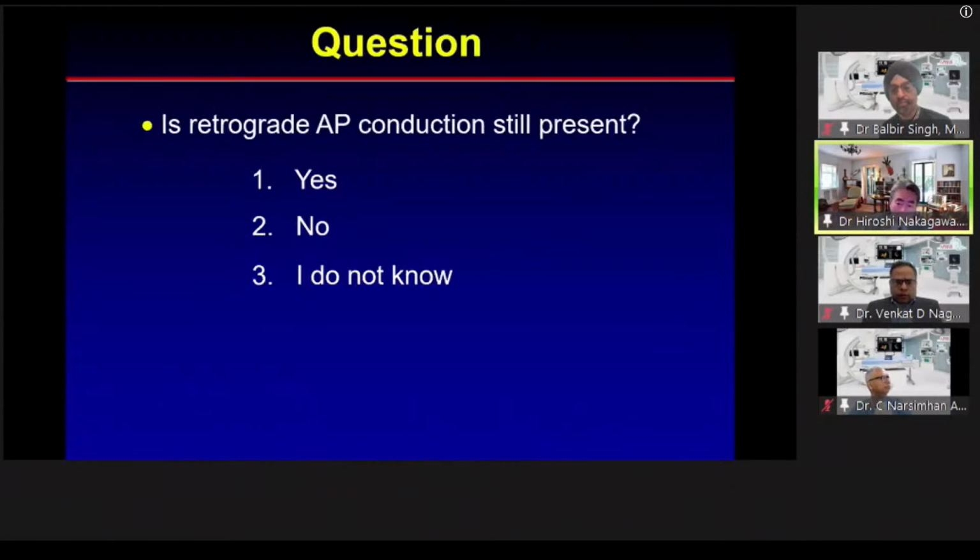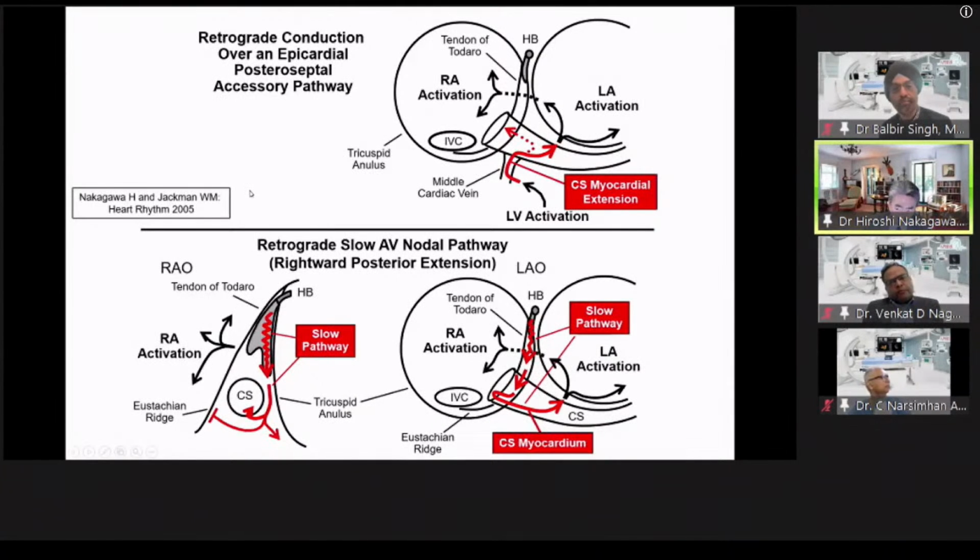So that is almost the identical activation sequence compared to the PGRT using an epicardial accessory pathway like a CS muscle connecting to the LV epicardium. If you take a look at the CS activation sequence, the pathway activates and the CS muscle activates in this sequence.